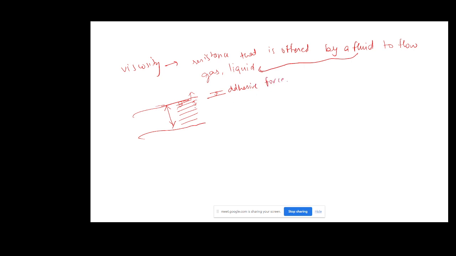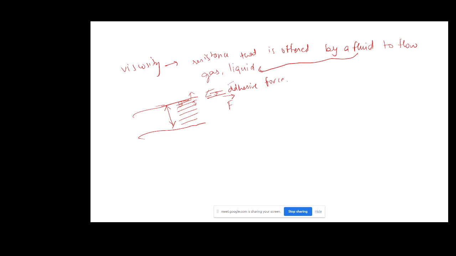So for the flow to occur, the force in the forward direction has to be greater than the adhesive force in the opposite direction, which restricts the flow of fluid.